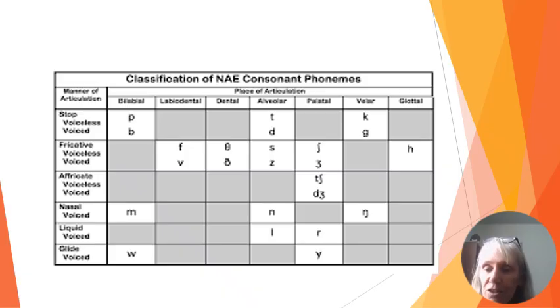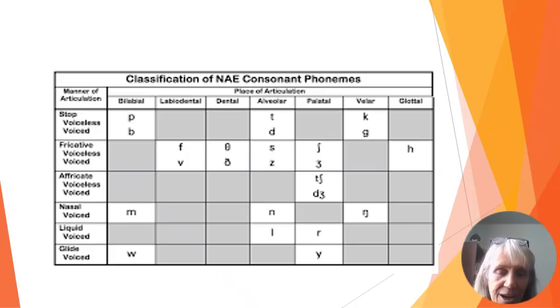So we see on this chart they're just talking about the place and the how of articulation, and they're marking the consonant sounds according to the place of articulation, or the method of articulation, which would be the how of articulation.